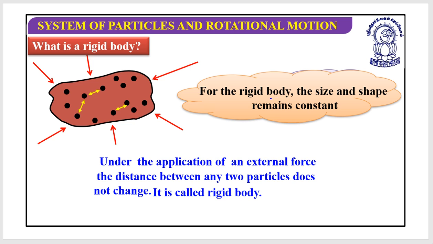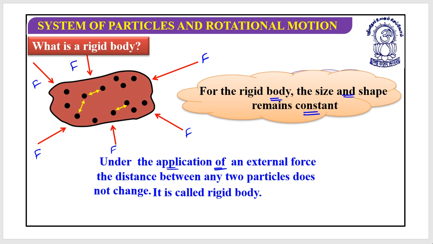For a rigid body, the size and shape of the object remain constant. Force may be acting on this object from every direction, but even though a force is acting on the system, there should not be any change in the size and shape of the object.